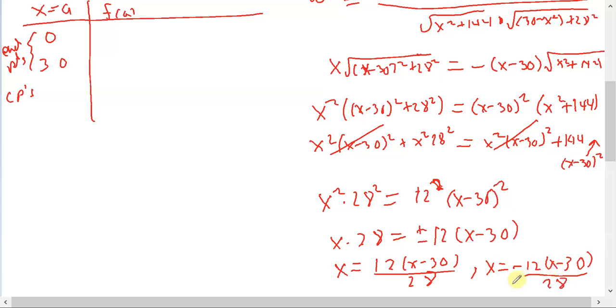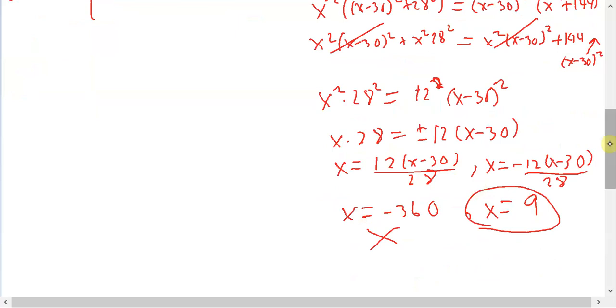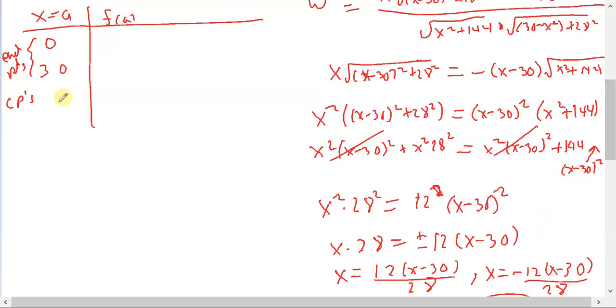And if you work these two out, this one with the plus is going to end up giving me x equal negative 360. Probably should have just cleared parentheses in that, but anyway, you do get x equal negative 360 on this one. And this one ends up giving me x equal 9. So this one doesn't make any sense. So I only get the one critical point, and that is 9.